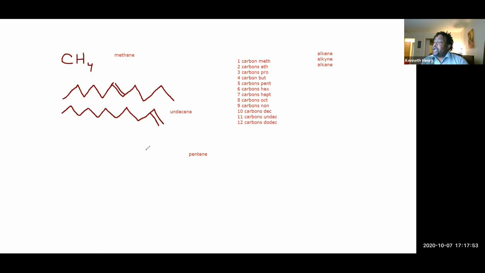the side that has the priority structure with the smallest number. So we count the carbons, we number them 1, 2, 3, 4, 5, 6, 7, 8, 9, 10, and 11.